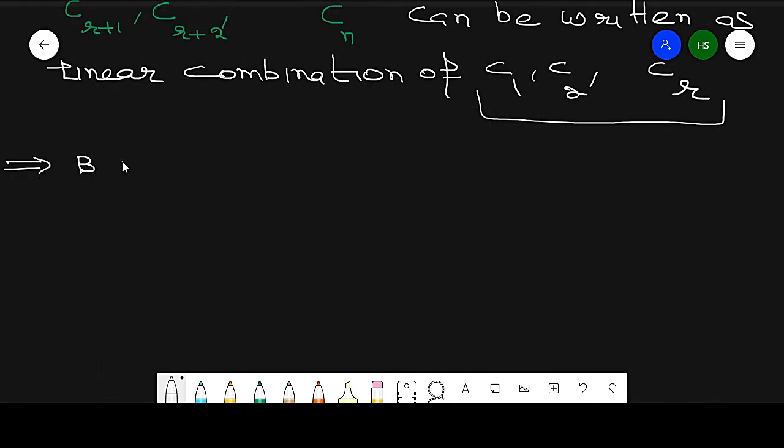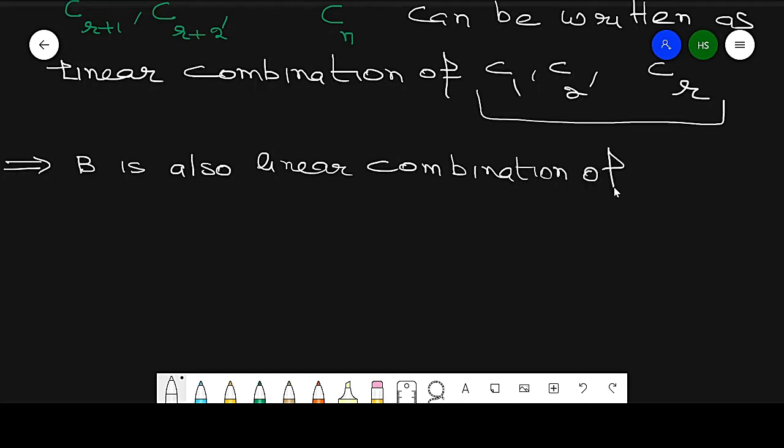So here we can say that B is also a linear combination of C1, C2, CR, right? Because all the other Ci can be written in this form. So B is automatically converted into a linear combination of C1, C2, and CR.